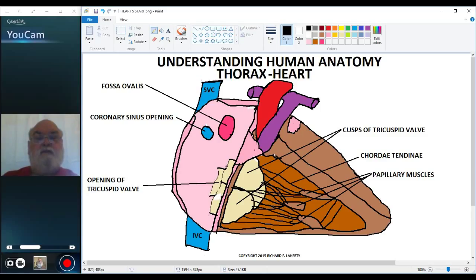And this band of muscle goes right through the lumen of the right ventricle. And let me color that in, the same color as the papillary muscles and the ventricle. This is the moderator band.